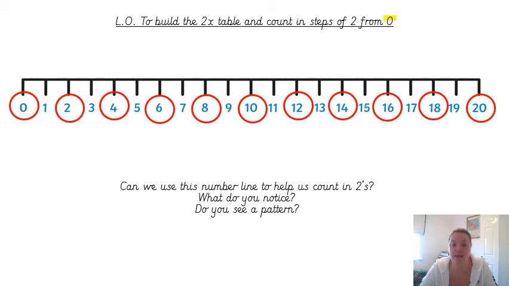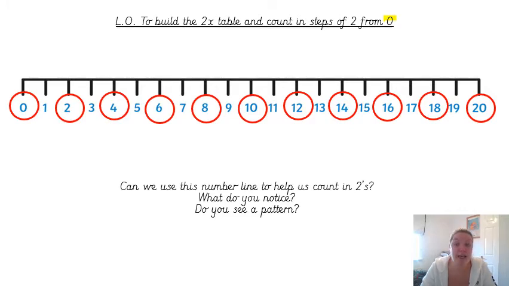What do we notice about all the numbers when we're counting in twos? Now, before we had our holiday, we were talking about the 2 times table, and Mia came up with a very good point, which was: all the numbers in the 2 times table, are they odd or even? Can you remember what she said?